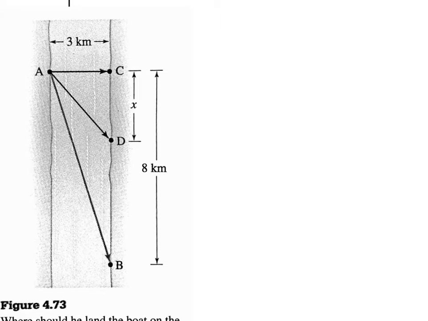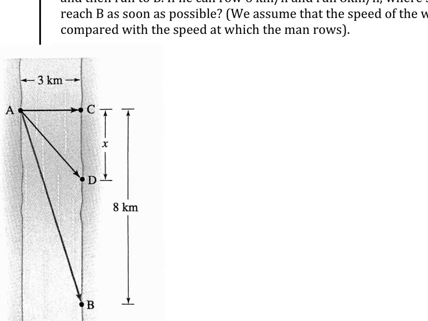Either way, if we try to set up the problem, it will tell us what the optimal is. We're trying to get there as fast as possible, so we minimize time, not speed.